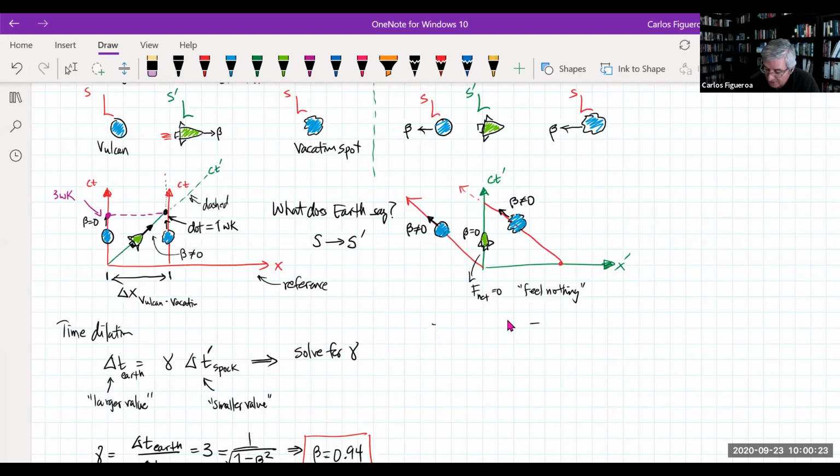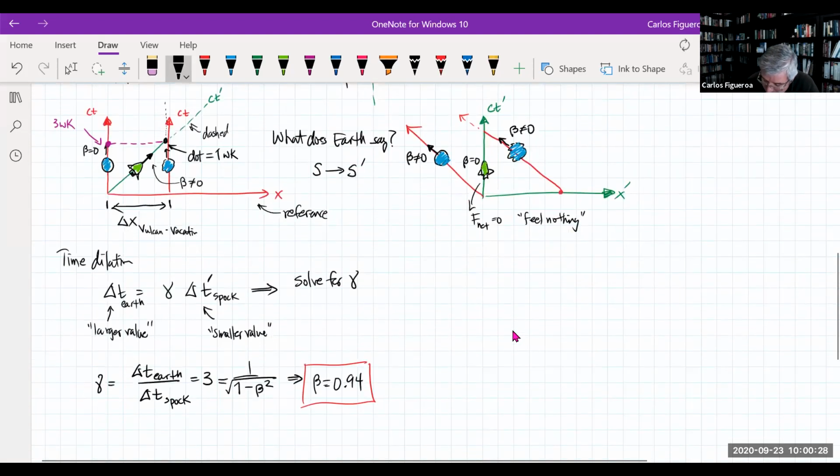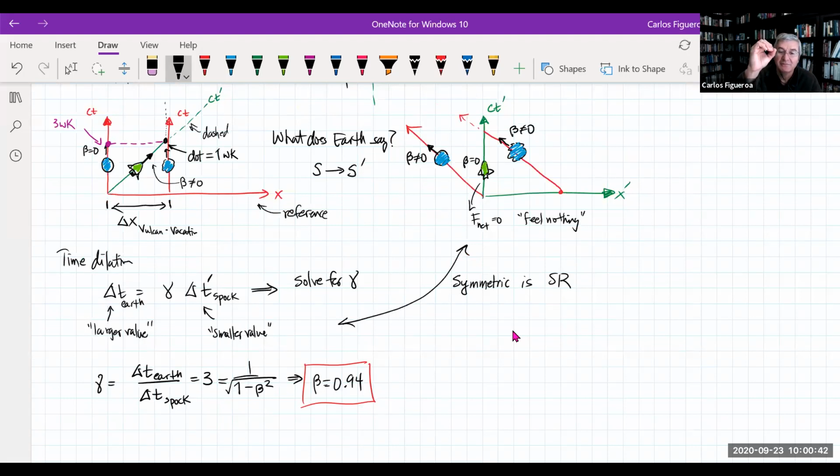But all I'm saying here is that these two situations are symmetric in special relativity. That means zero acceleration. Each of them can say that they are right and the other's clock is time dilated. So I just wanted to keep drawing those pictures to show you what I mean.